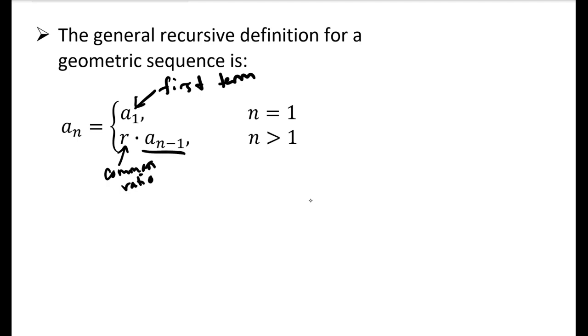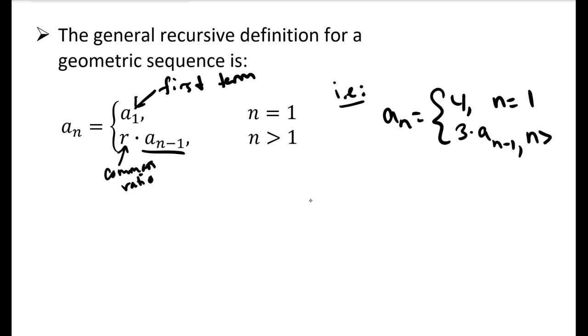Remember, for our previous example, an was equal to 4 when n was 1, and it was equal to 3 times an minus 1 when n is greater than 1. That's how it looks.